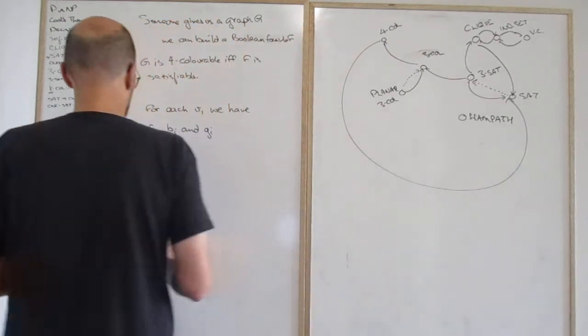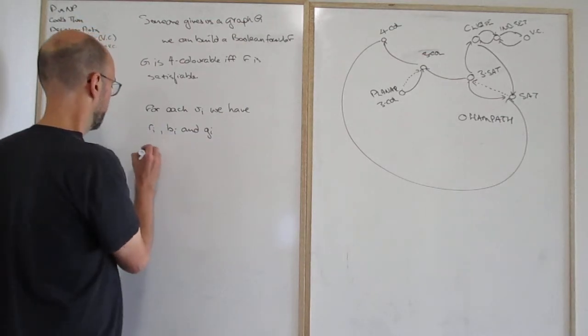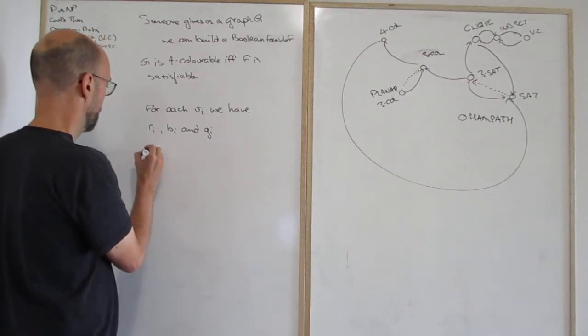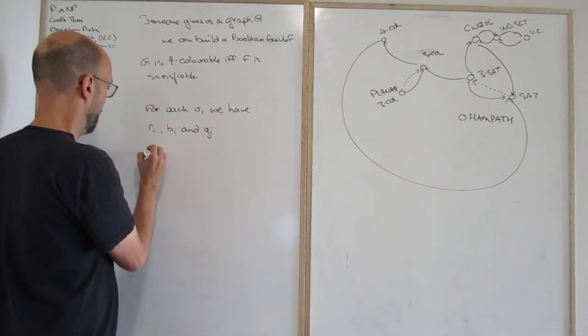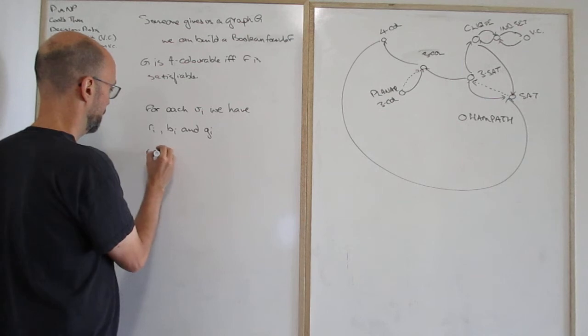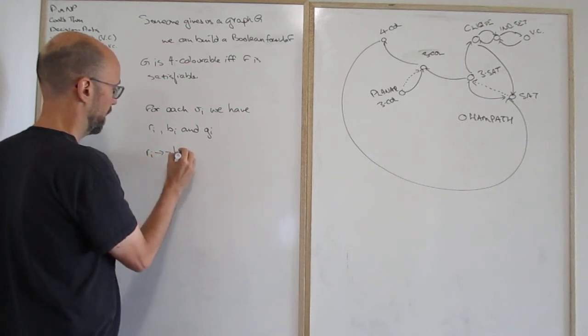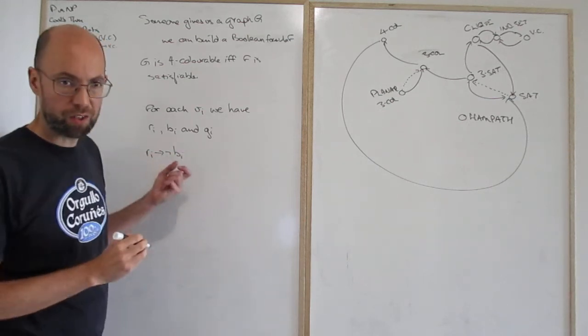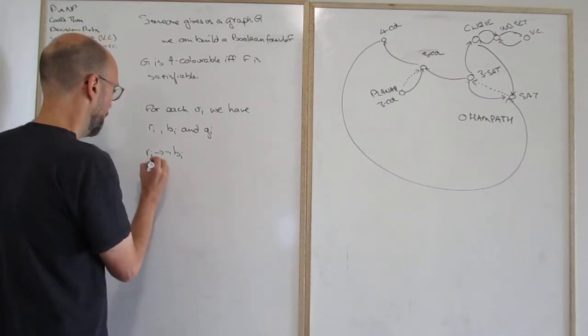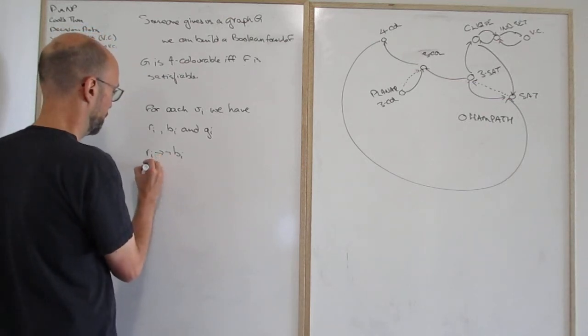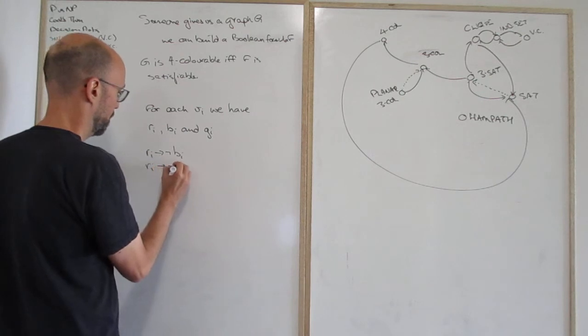So what we are going to have is Ri implies not Bi. I hope you know how to write implications as logical formulas. Ri also implies not Gi.